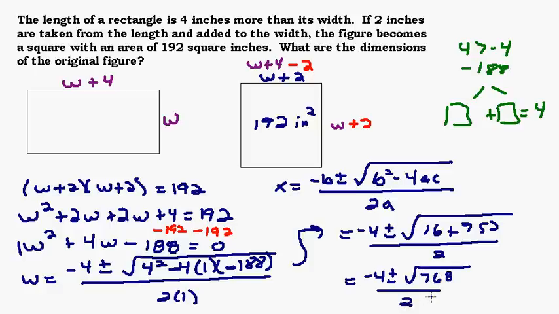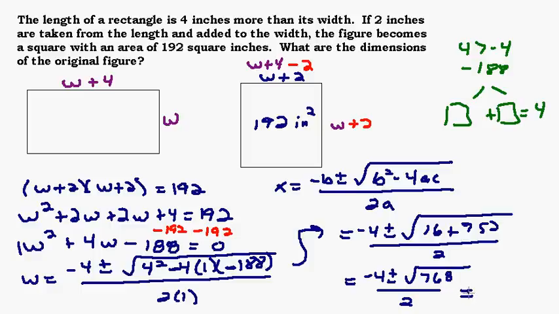Now, I'm actually taking this from a multiple choice question from one of my problems, and the answers are given in decimals, so I'm going to go ahead and figure out the decimal for this. If you wanted an exact answer, you'd have to simplify this square root, pull out perfect squares, reduce it, and stuff like that.